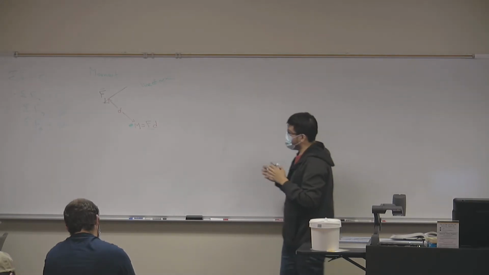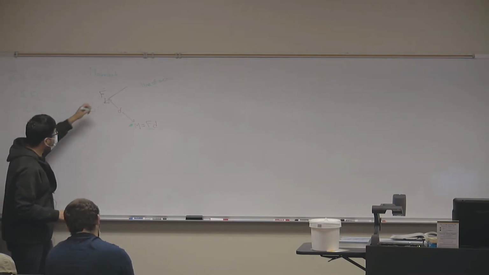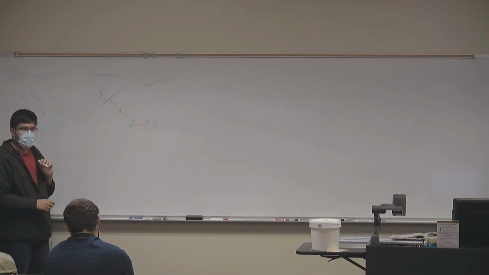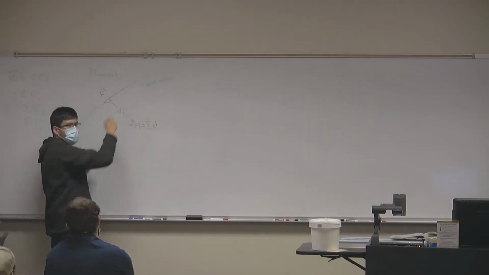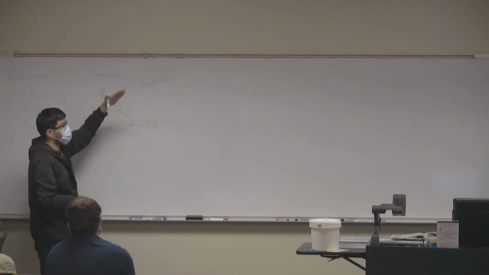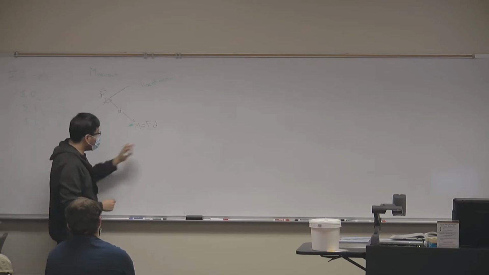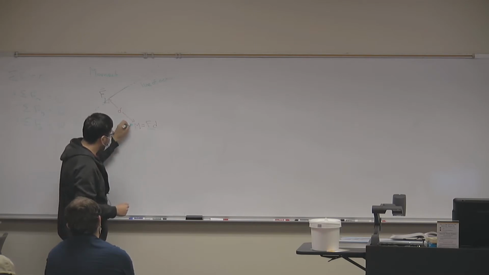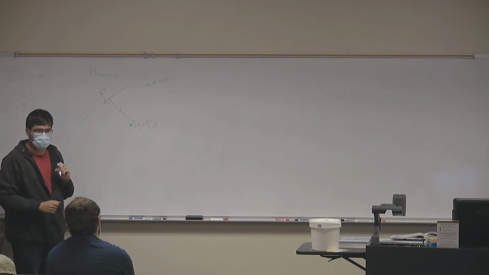To make my definition as simple as possible, the line of action is simply an axis through which my force vector passes. If you want to visualize it graphically, take your force vector and just extend it to the left or to the front and to the back as far as possible, and that line is what we call my line of action. So the moment is equal to the magnitude of the force times the distance between your point of interest and the line of action of your force.